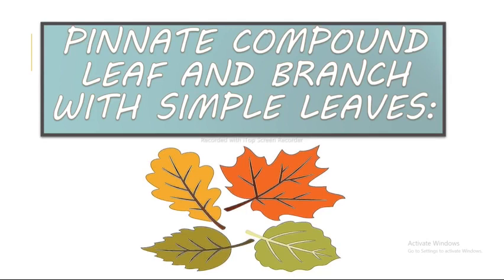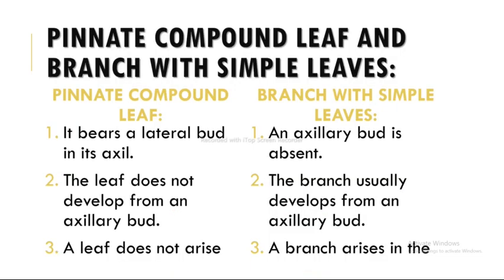Next, I am going to discuss the difference between the pinnate compound leaf and a branch with simple leaves. First I will discuss the pinnate compound leaf and then the branch with simple leaves.